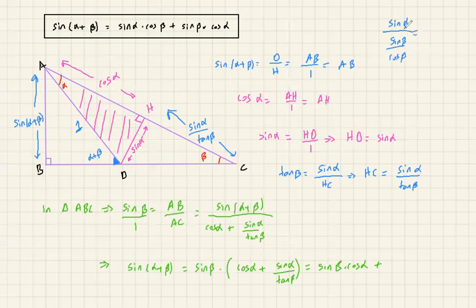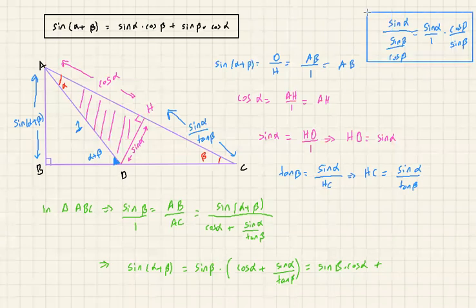If you divide by this fraction, you take sine alpha over 1, and the second fraction flips, so it becomes cosine beta over sine beta. This is something to keep in mind, because as I said, I need sine and cosine, not tangent.